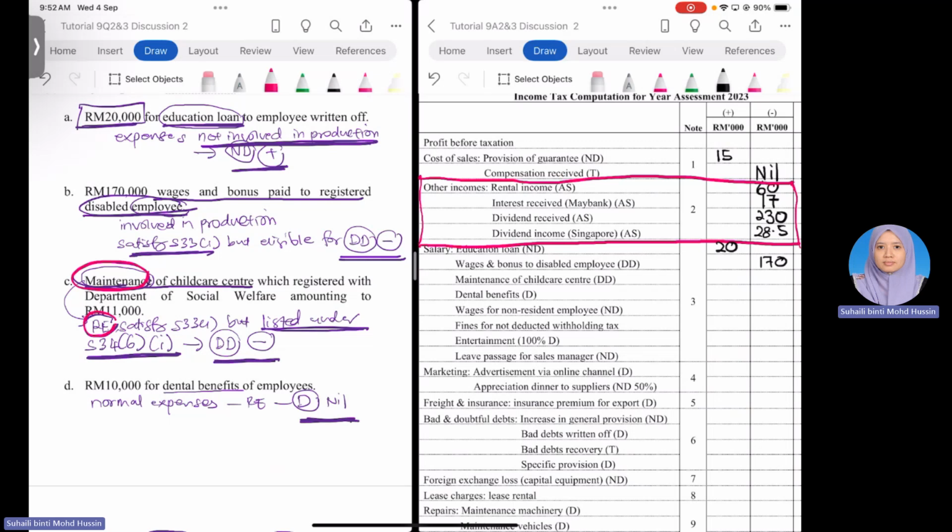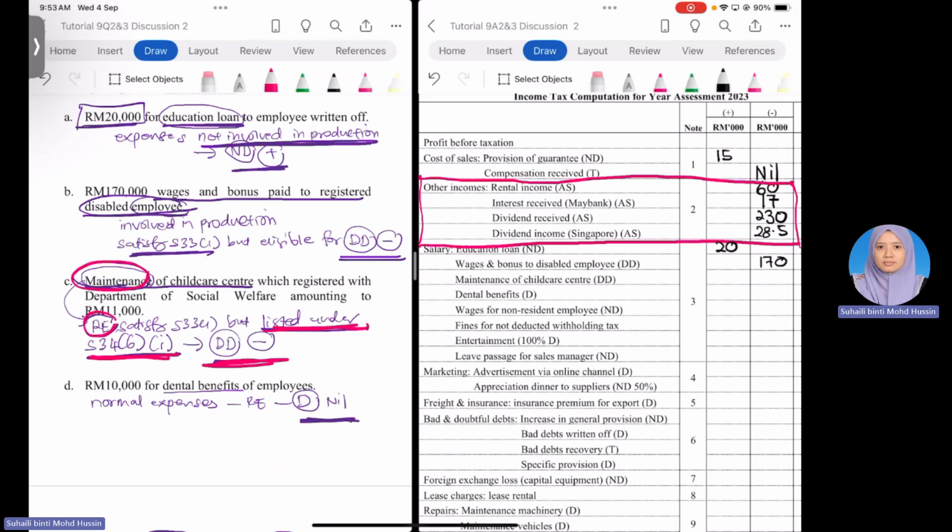But this type of expenditure is listed under a specific section, section 34, subsection 6, subsection I, where the government allows a double deduction, because the government encourages companies to have their own childcare center, so that when the parents go to work, they can send their child to the childcare center at their own company.